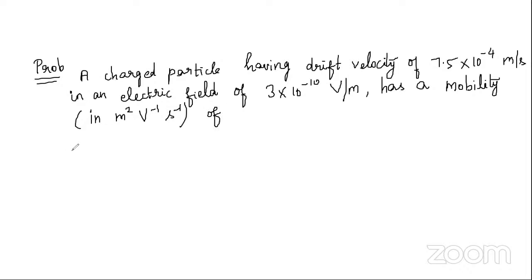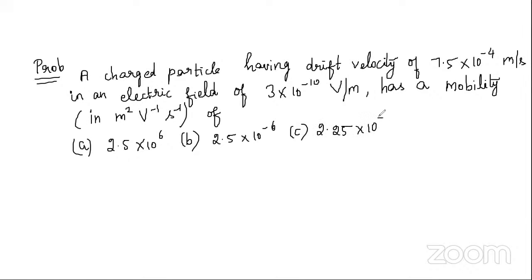So the options are: option A, 2.5 into 10 power 6. Option B, 2.5 into 10 power minus 6. Option C, 2.25 into 10 power minus 15.